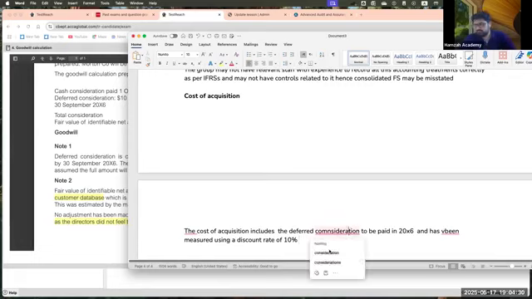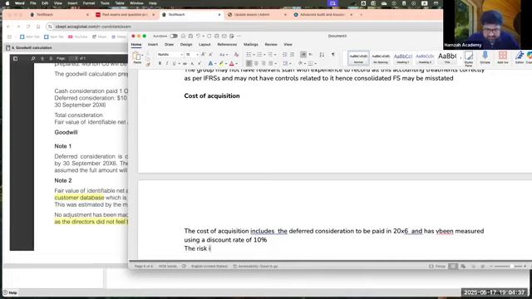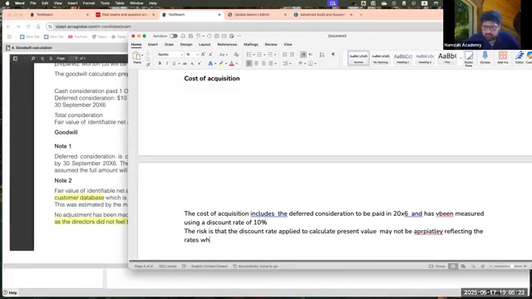Now, students, the risk is that the discount rate applied to calculate present value may not be appropriately reflecting the rates which should be applied.